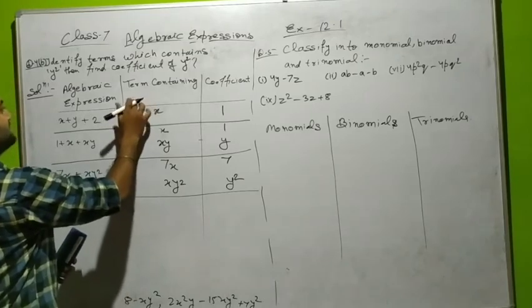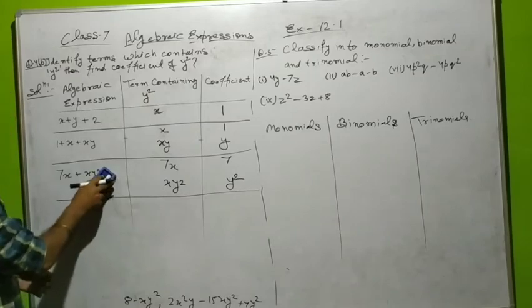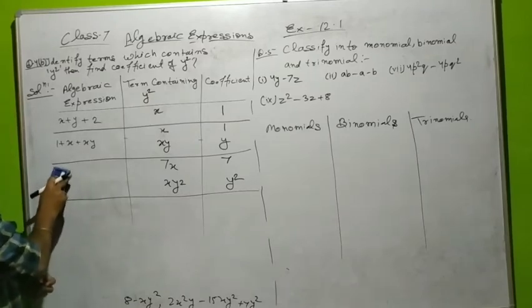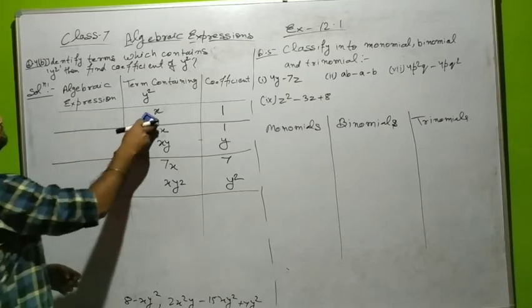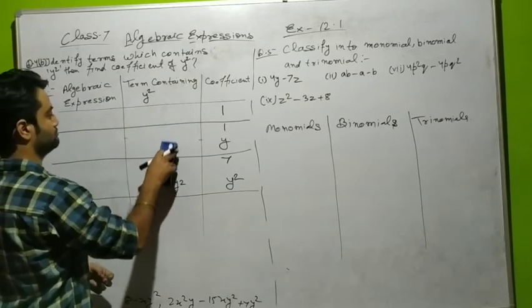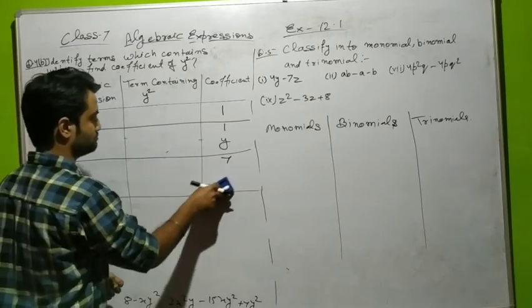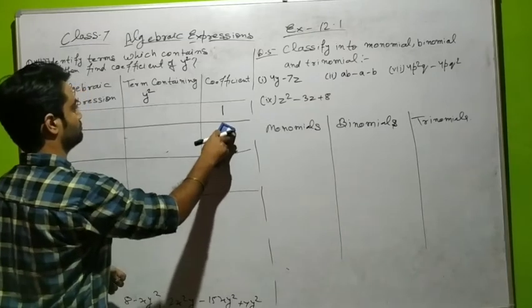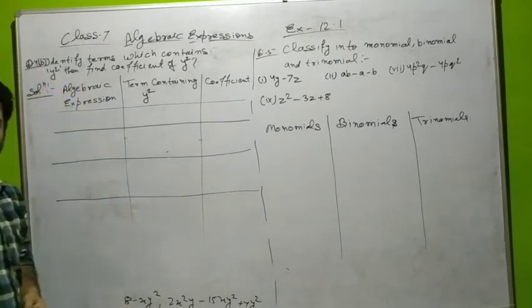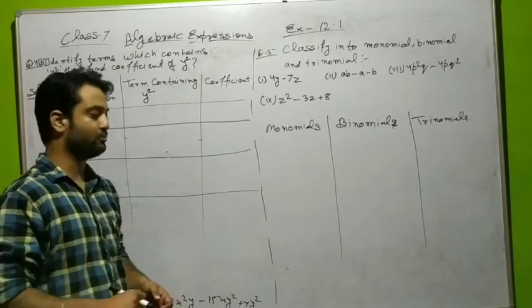The table will be the same, with a bit of modification. We can solve the B part here. How to find the coefficient? I have discussed it in the previous videos. If you have not seen, you can go and watch.